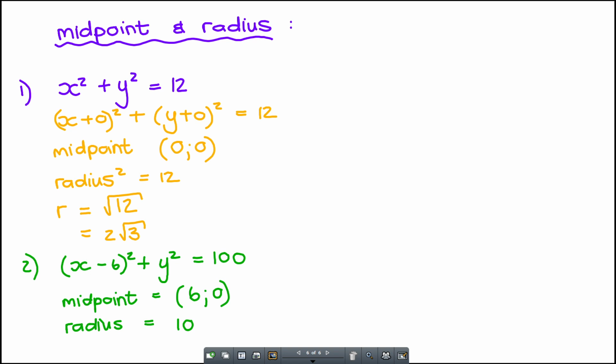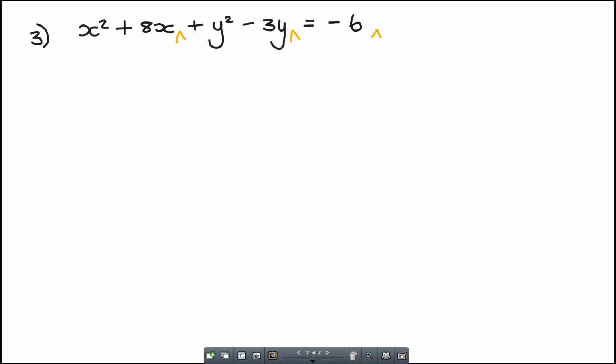Okay, number 3. X squared plus 8x plus y squared minus 3y equals 6. I've already shuffled them for you. So your first step is going to be to complete the square, because it's already shuffled. So you need to get something in there and in here, and then obviously add it there. Remember? Coefficient of x divided by 2 and square. And then coefficient of y divided by 2 and square.